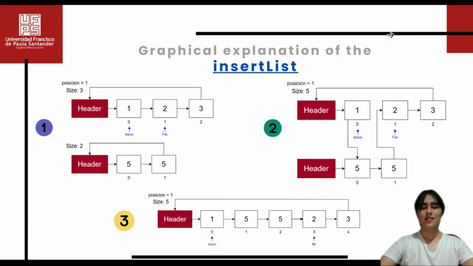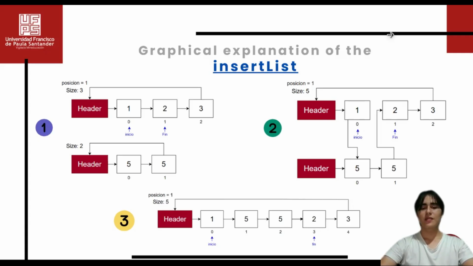Explanation of the insert list method we created. We have two lists, and we want to insert one into the other at a specific position. We create a pointer called start, which points to the node just before the position where the second list will be inserted, and another pointer called end, which points to the node that will follow the inserted list.